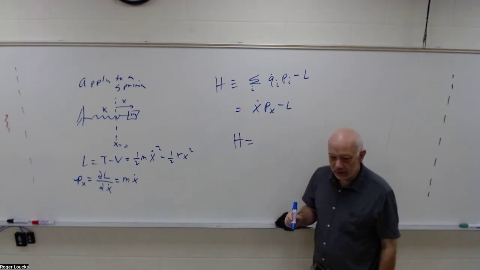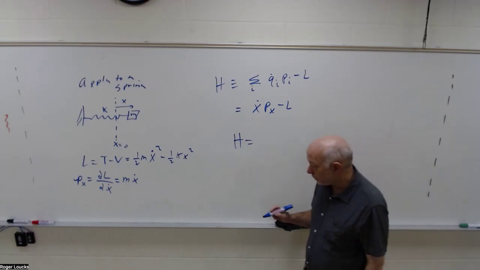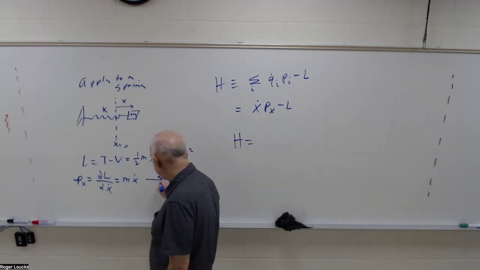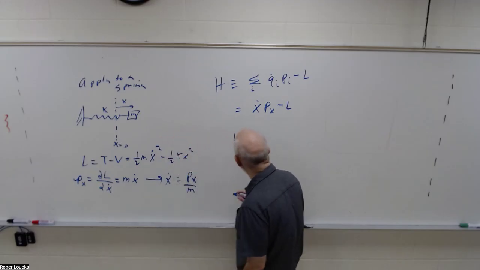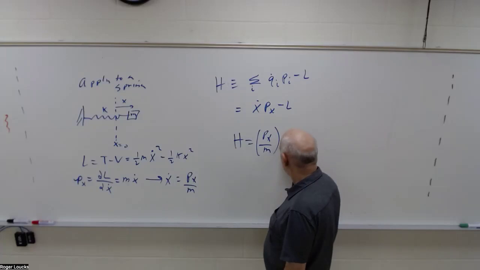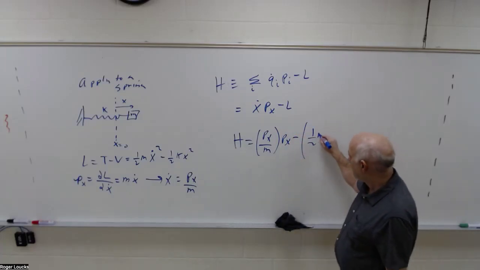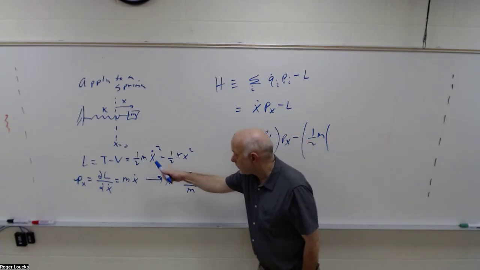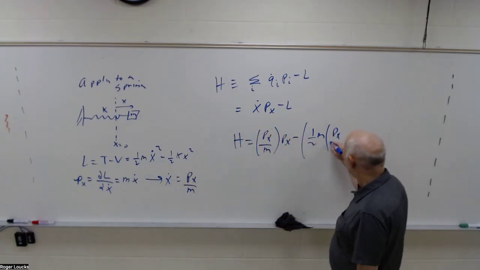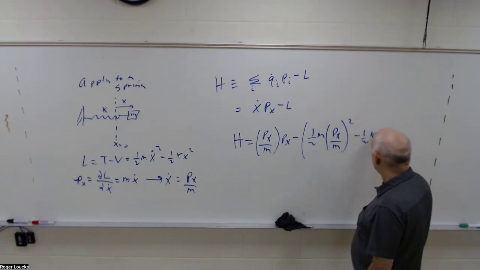So our x dot is px over m. We saw this for our x dot. So this is our px over m, minus, and then we put in our buddy here. So this is going to be our 1/2 m, our x dot comes in squared, and minus 1/2 px.